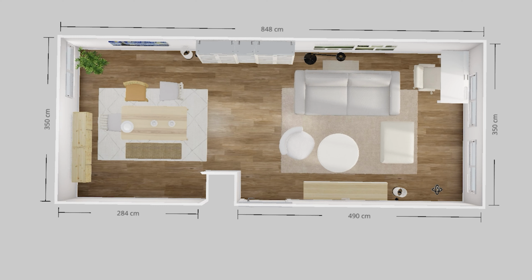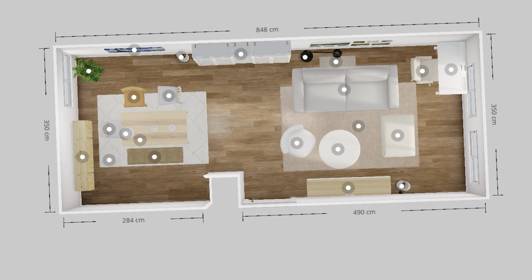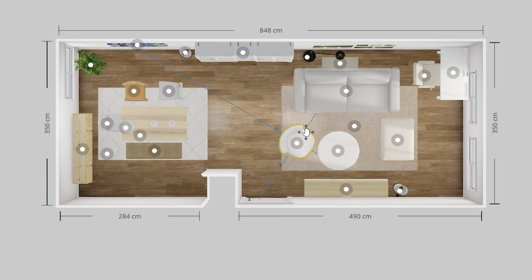The zoning part, I use the carpets to zone the areas. And of course, this area here is acting as a separation between the two zones, the dining and the living.